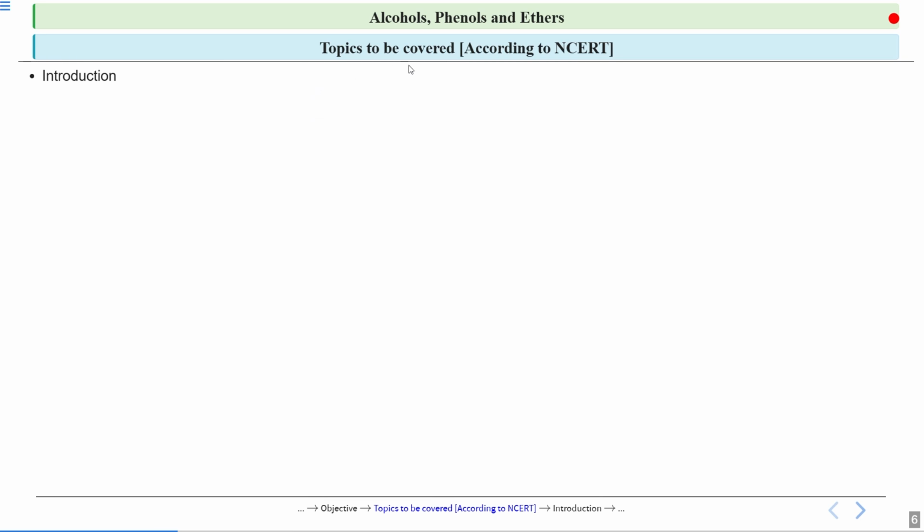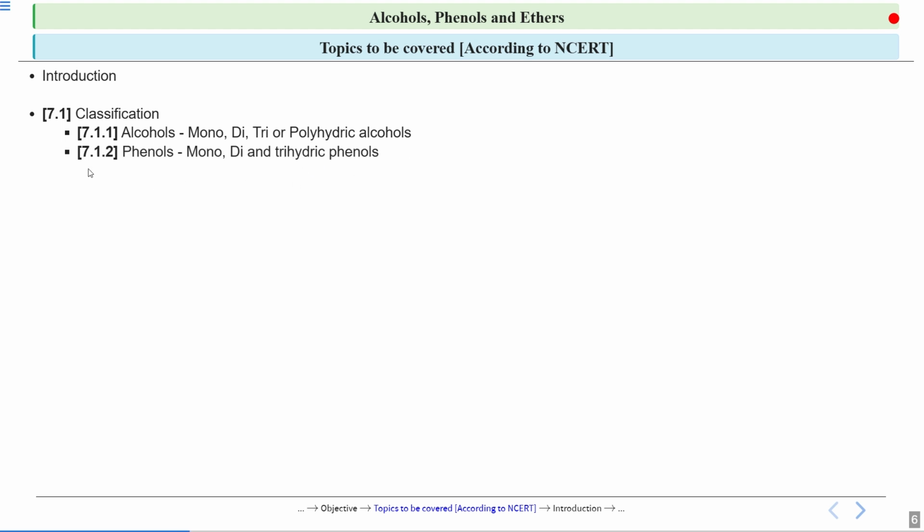The topics to be covered today, according to the NCERT: first of all, introduction. We briefly introduce the alcohols, phenols, and ethers. Then we will cover section 7.1, that is classification, in which subsection 7.1.1 comes, that is alcohols: mono, di, tri, or polyhydric alcohols. We study what they are.